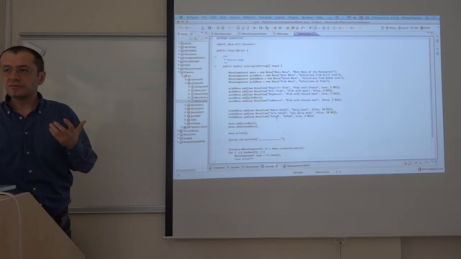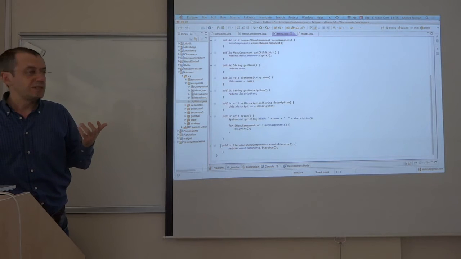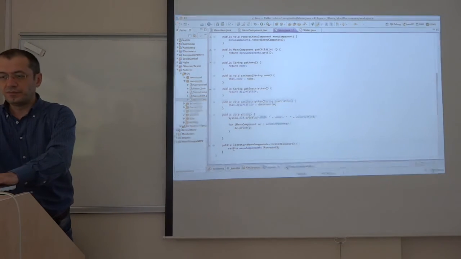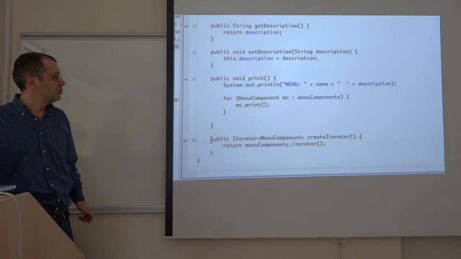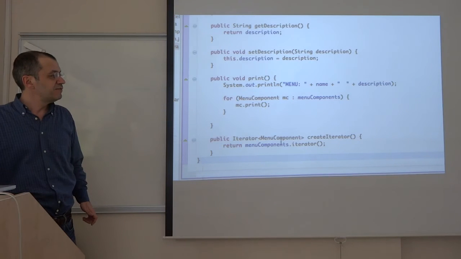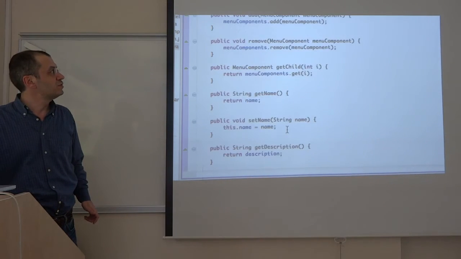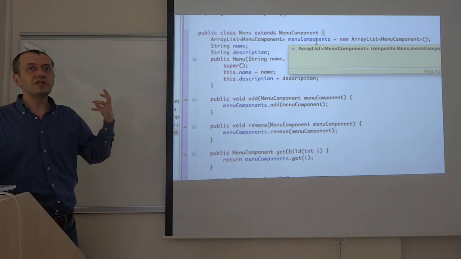I added also a function, this one. It is giving me the iterator for the menu component, the array inside it. So I'm able to get the iterator for this one.